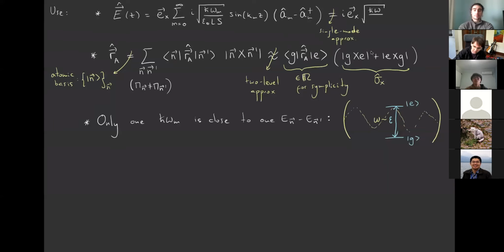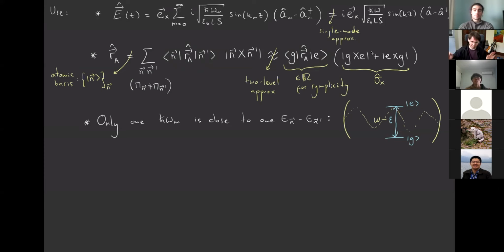ħω divided by ε0 L S, the mode function, and then A minus A dagger. Okay, so I will just call A and A dagger the annihilation and creation operators of that specific mode that is close to resonance with the atomic transition.